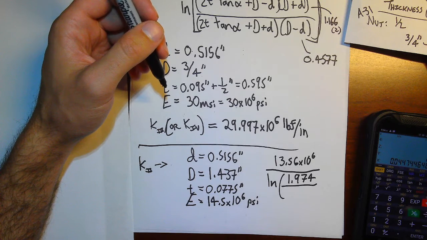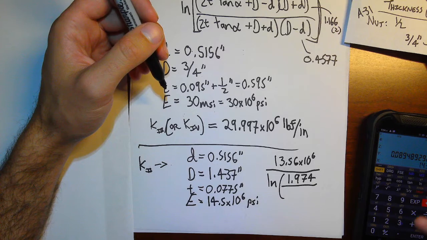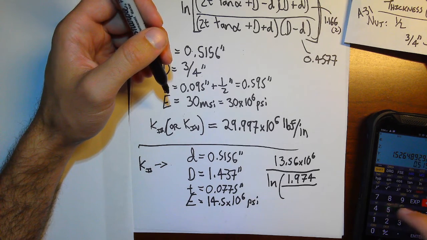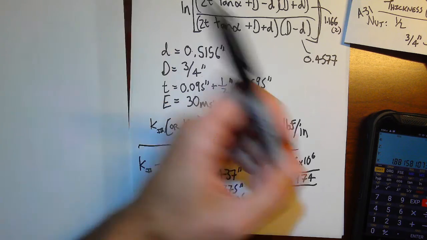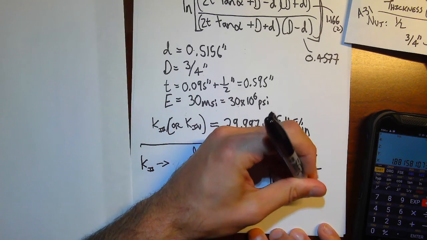It's tangent of 30 degrees plus 1.437 plus 0.5156, and 1.437 minus 0.5156. It's 1.882.